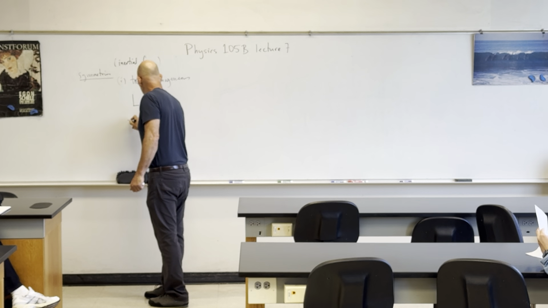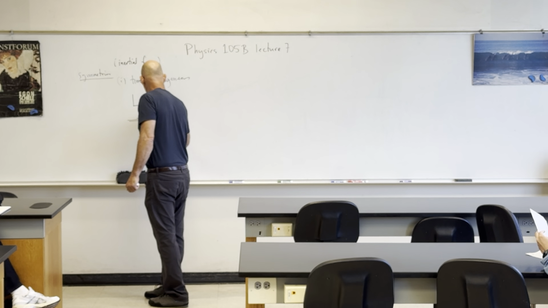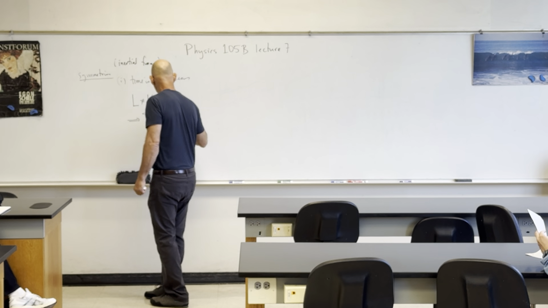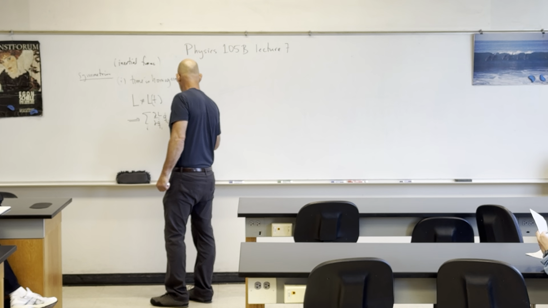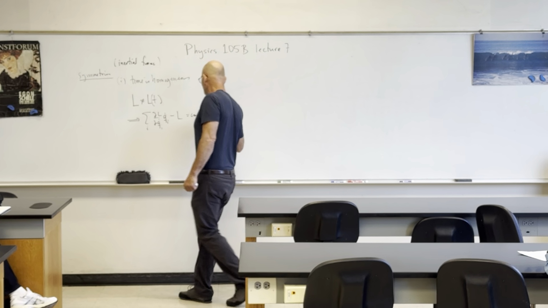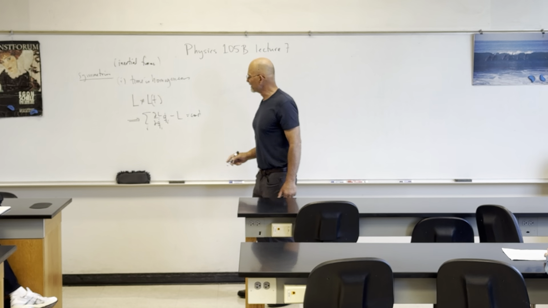That leads to the sum of q_i dot times the partial of L with respect to q_i dot, minus L, equals a constant. But this L is outside of the summation.